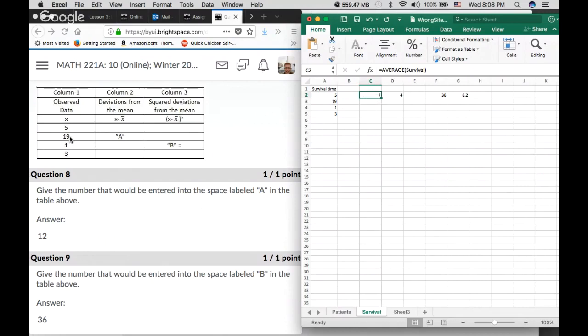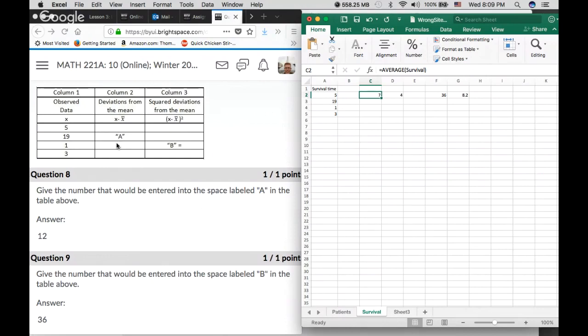So 19 is 12 above 7. I gotcha. Yeah, because the deviation is just how far away from 7 this number is, and it's 12. It's positive 12. There can be negative deviations.